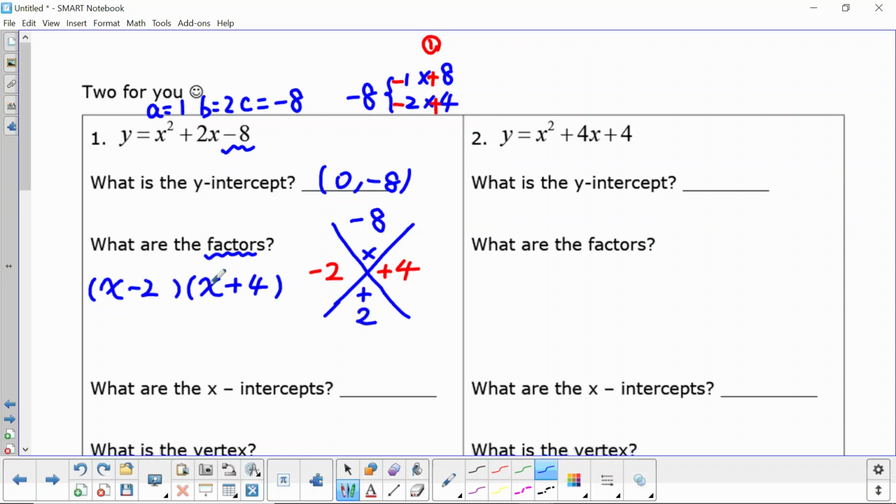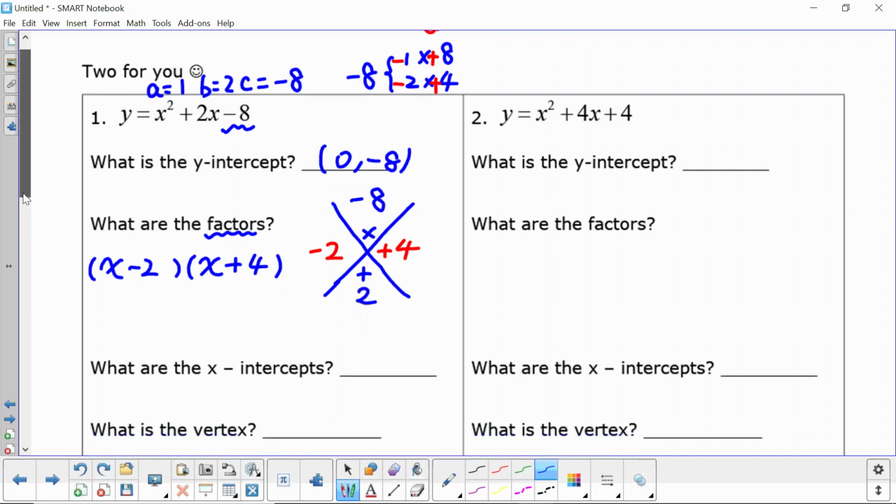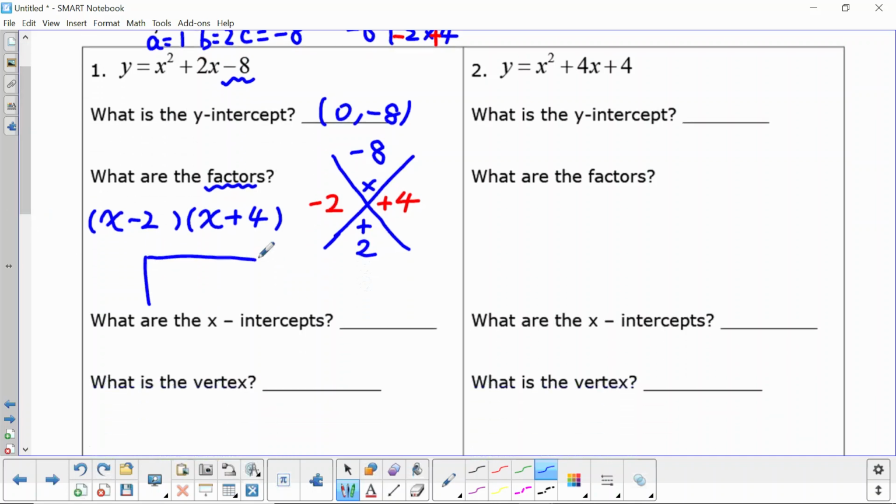If we use an area model, you will see it will be x squared plus 2x minus 8. Length times width will give you this. I will show you, but you don't need to check each time. One side is x minus 2, another side is x plus 4. So x times x gives you x squared. X times negative 2 gives you negative 2x. 4 times x is 4x. 4 times negative 2 gives you negative 8.